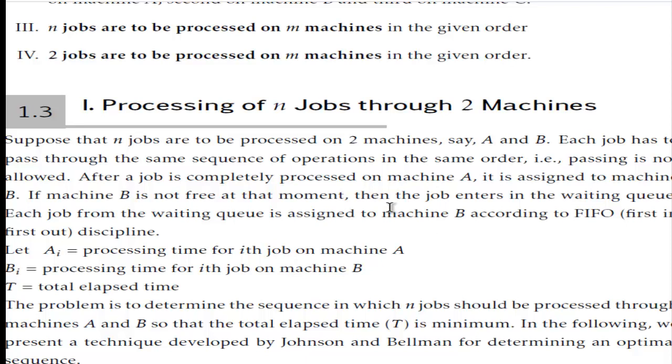Then we saw that the computation for n jobs on two machines is very high, and we have what is called Johnson's algorithm, developed by Johnson and Bellman.